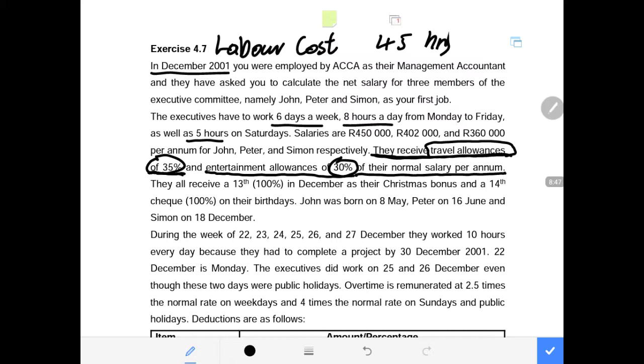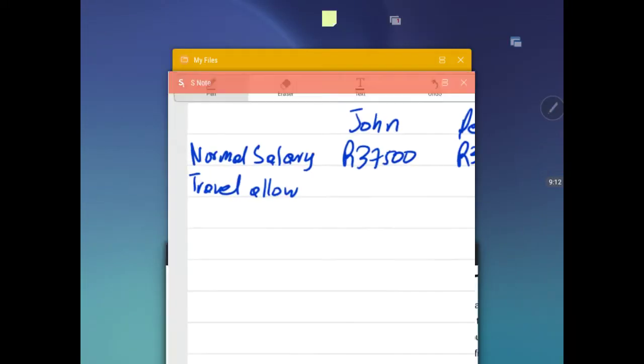So they are enjoying a benefit that they should be paying for, but the company is paying for it. Hence it gets added to their gross income, which is 35%.